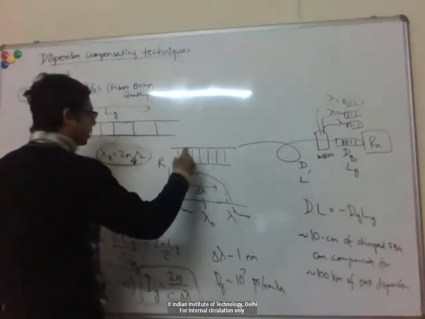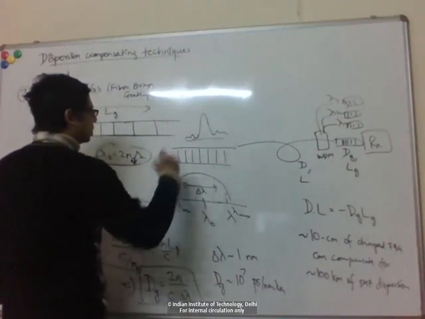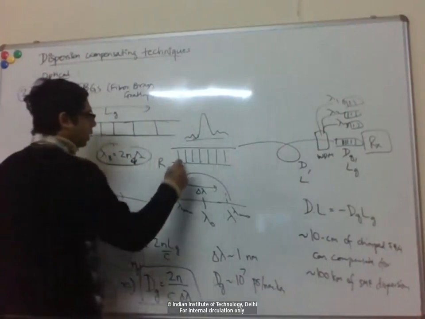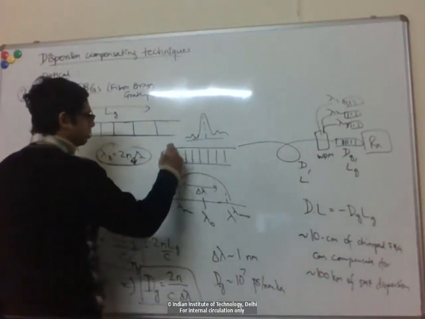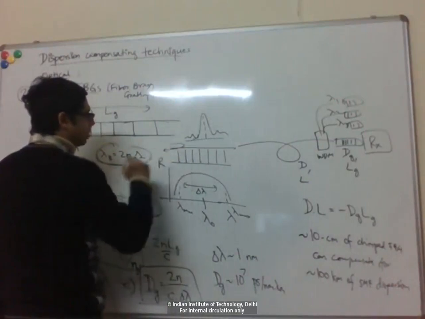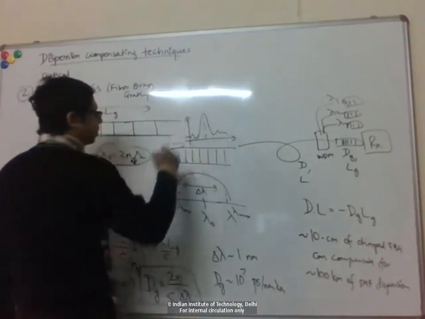So here with a constant grating, you have some spectrum like that, designed to reflect one particular wavelength. But even here, of course, there is some phase response.